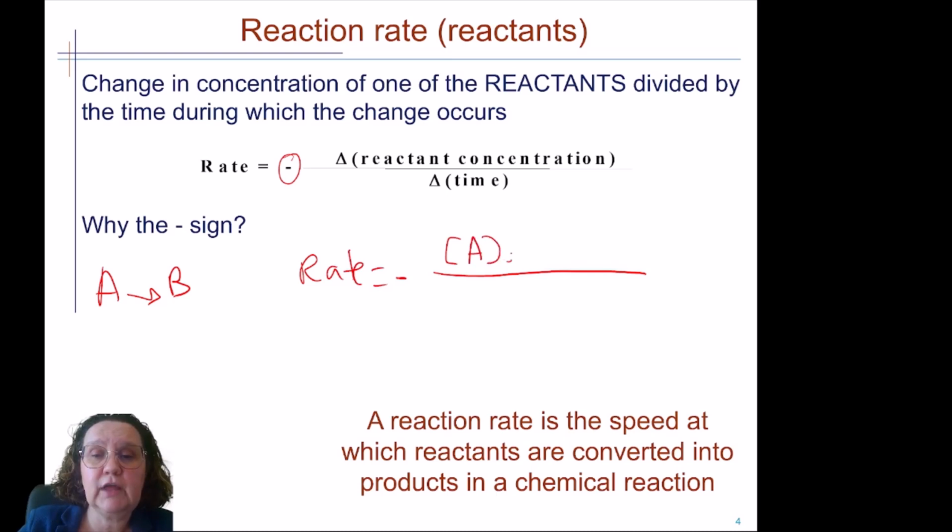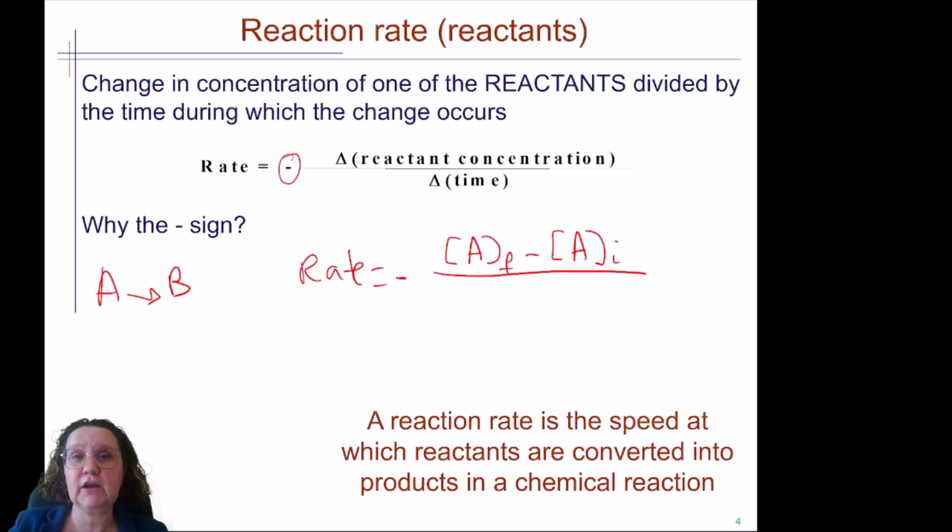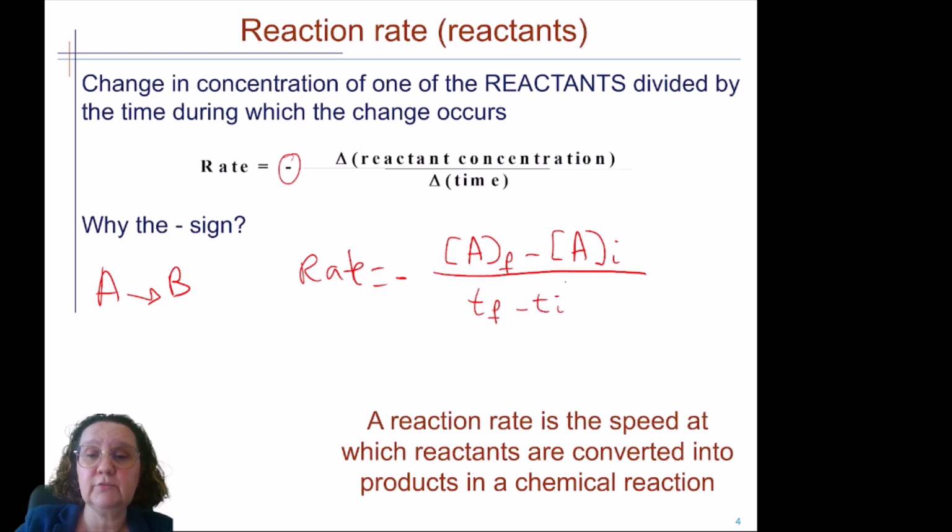So let's use A_F to define it. Minus the concentration of the reagent when you started, or at the time you start measuring that reaction rate, divided by the final time minus the time that you started measuring that reaction rate.